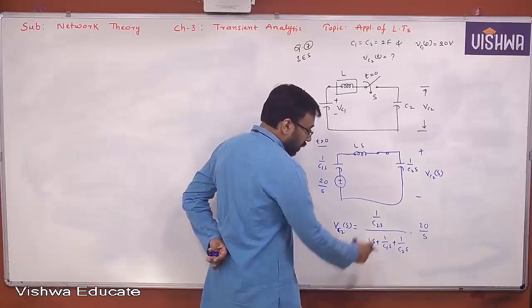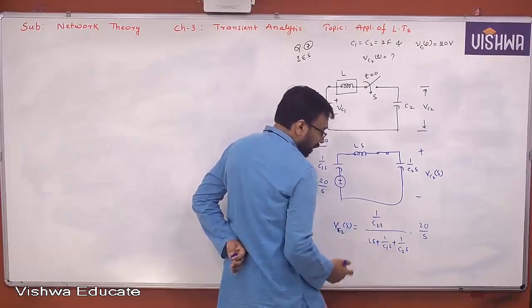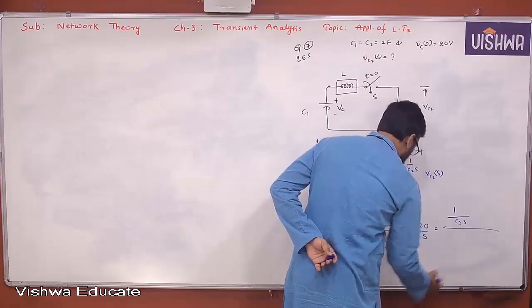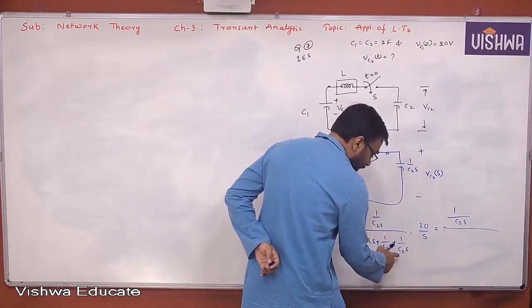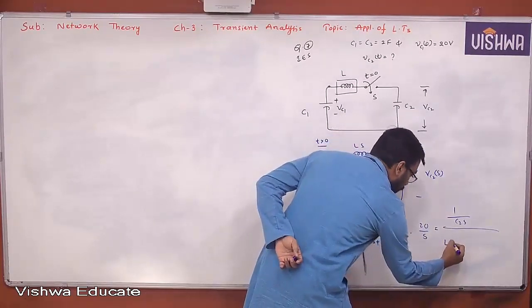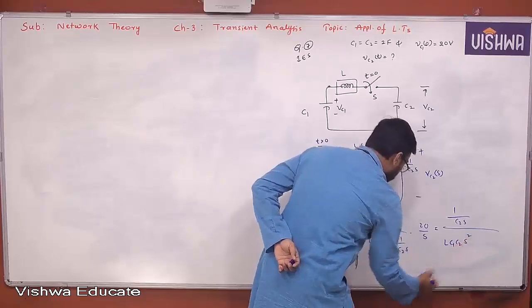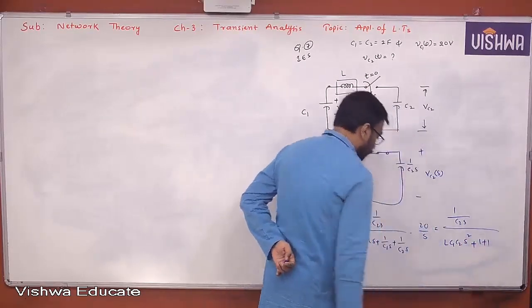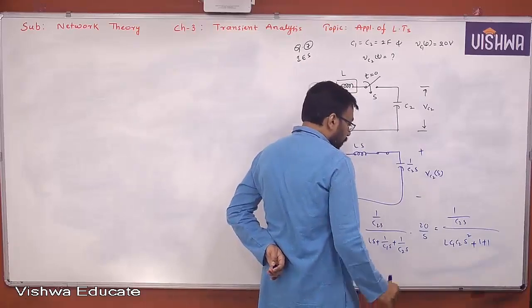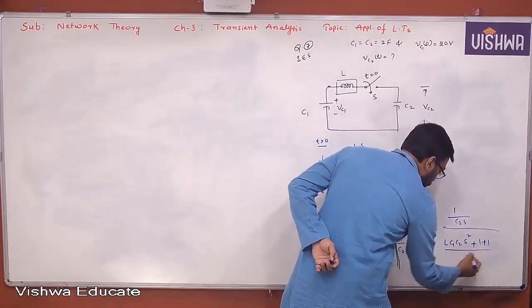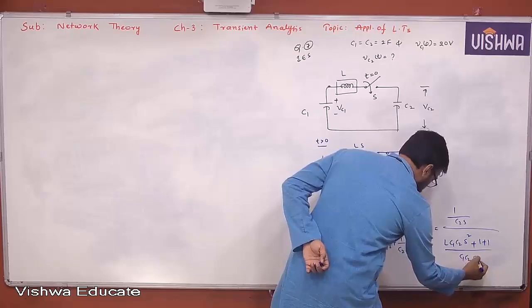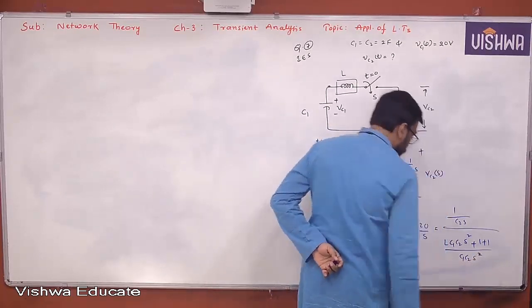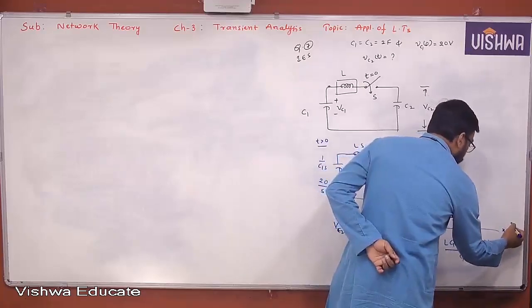If you simplify this, you get 1 by C2S by (L C1 C2 S square plus 1 plus 1) divided by C1 C2 S square, yes or no all of you? C1 C2 S square into 20 by S.